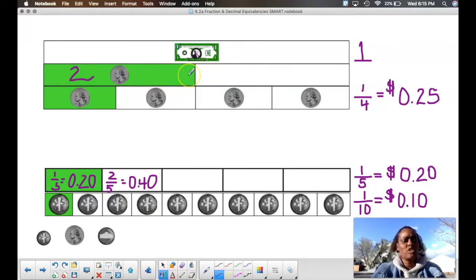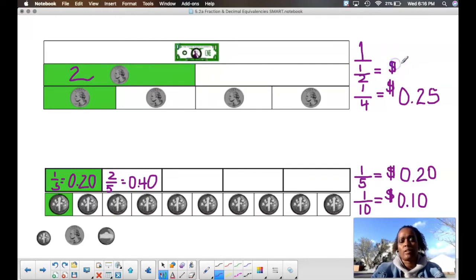But it's not just 2 quarters. We've got 2 sections, and we only have one of those sections shaded in green. So 1/2 is our fraction, 1 out of 2. And if 2 quarters are in that green section, how much is that? 50 cents.